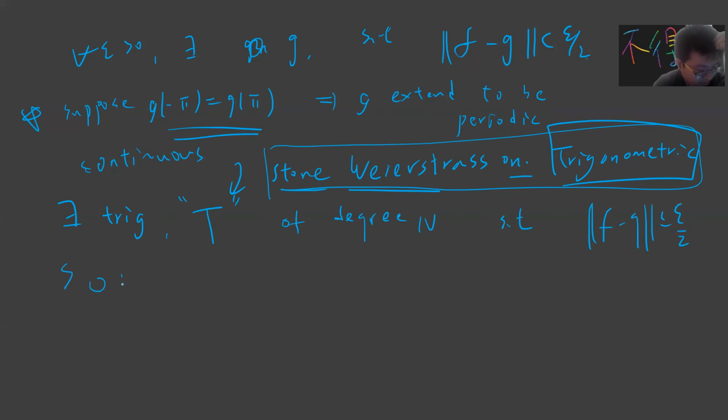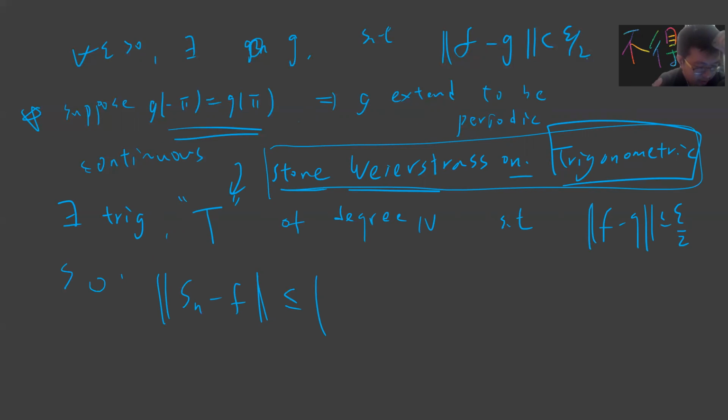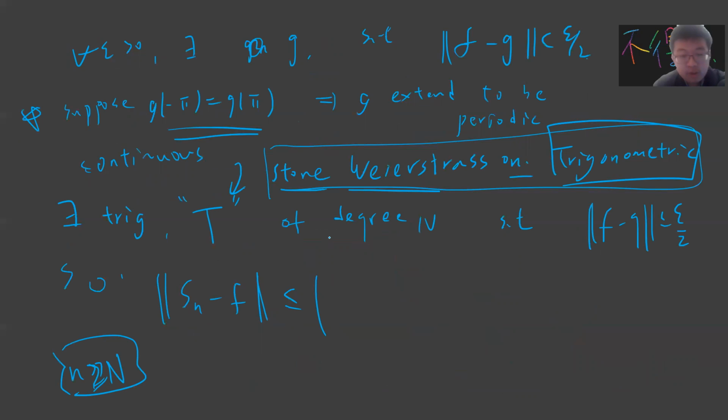Now we connect these two. By what we proved previously, if you choose n greater than or equal to N, the partial sum S_n minus f is bounded by the norm of t minus f, which is less than or equal to the norm of t minus g plus the norm of g minus f. Sorry, I use this theorem on g.